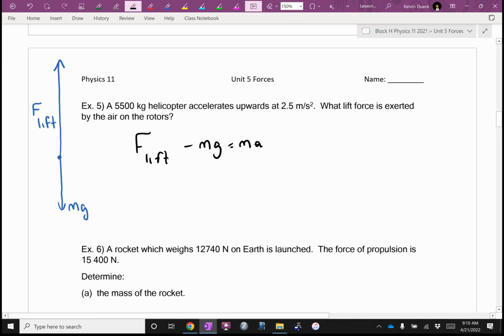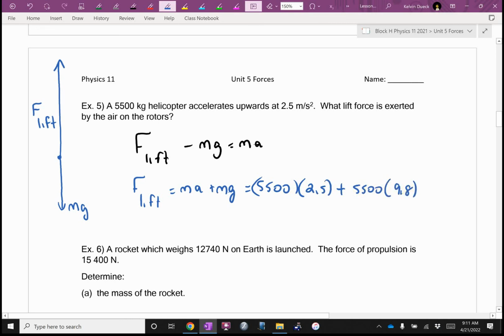Yep. Good. Sadie, what's M? More specific, as a number in this question, what's M? Yep, they told me. What's A? Plus, what's M? 5,500. G, 9.8. How big must the rotor's lift force be for this situation to occur?